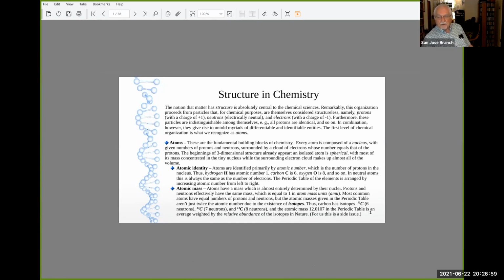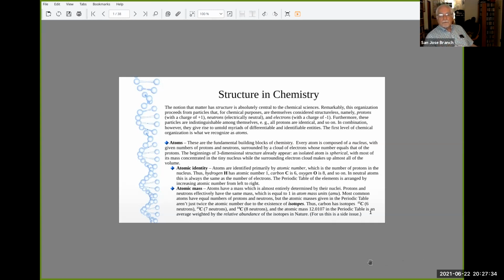As an example, take carbon, which has isotopes, and isotopes differ from one another according to the number of neutrons in the nucleus. Carbon-12 has 6 protons and 6 neutrons. That's the normal situation.